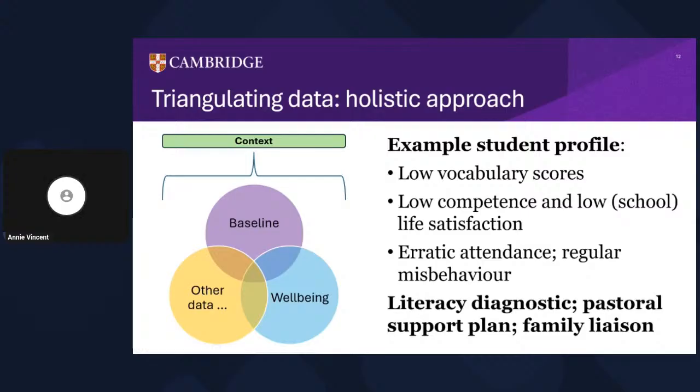Maybe we want to explore a literacy diagnostic test. Maybe we need to put a pastoral support plan in place. Maybe we need some family liaison. Maybe we need all three. But the point here is that we have to really be on top of our data, and keeping it together, collating it for our children to make sure that we are making the best of it and enabling it to lead us to this whole principle of early intervention and early action.